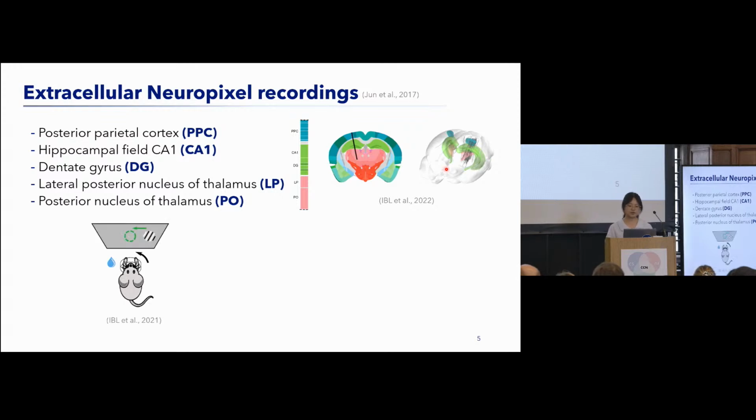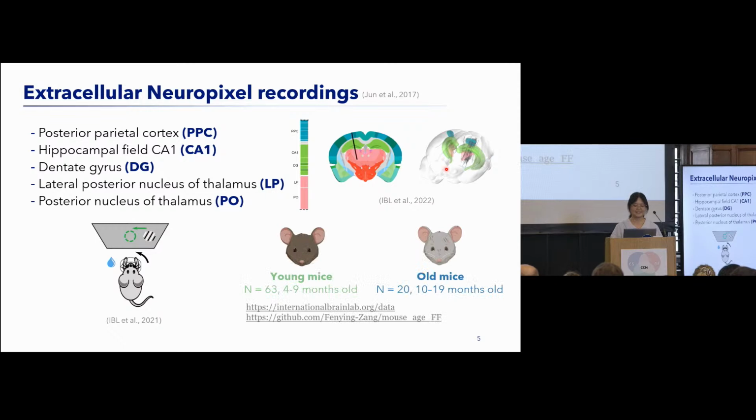The neural signals were recorded during a visual decision-making task. Those mice were required to judge the location of the visual stimulus on the screen, either on the left or on the right. Our dataset consists of 2 parts. The young mice data is a public dataset from the International Brain Lab, IBL.